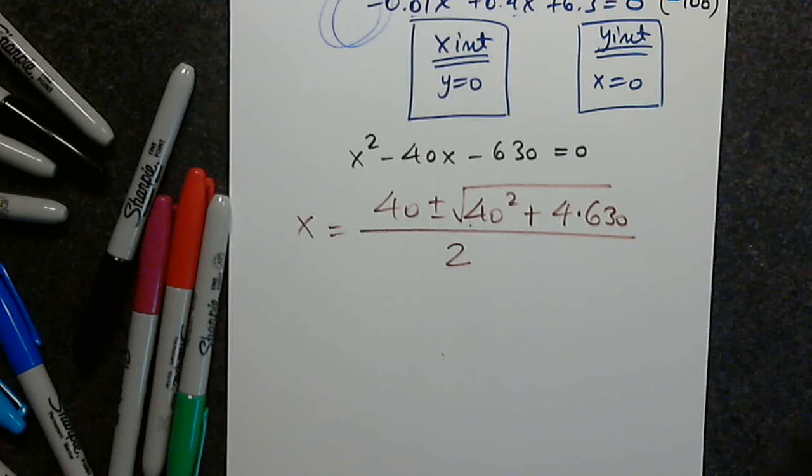Close the parenthesis under the square root, go outside of the square root, close the parenthesis, and then divide by 2. In order to determine the other one, I will just copy the whole thing and just overwrite the plus in front of the square root by a minus. Right here. And then I get the other one.